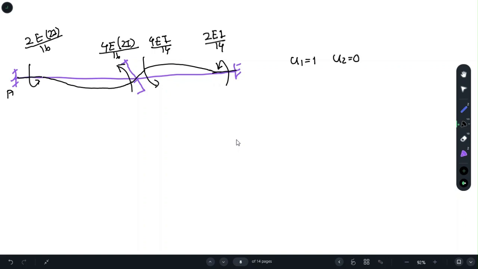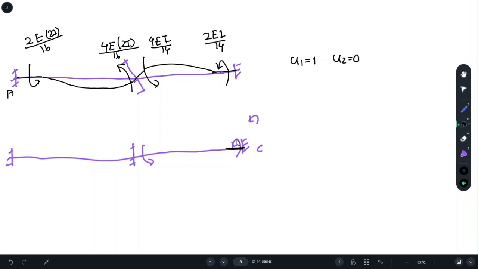For that, we'll draw the frame again. Now the doki will be applied at point C. A doki like U2 will make the shape like this, and this will generate a shape up to this point.